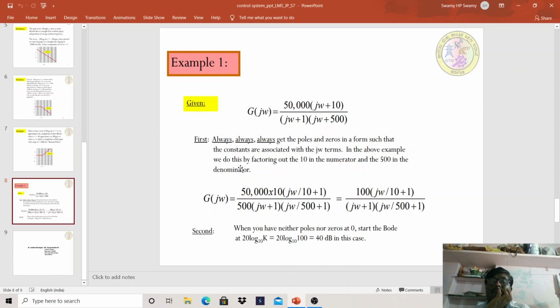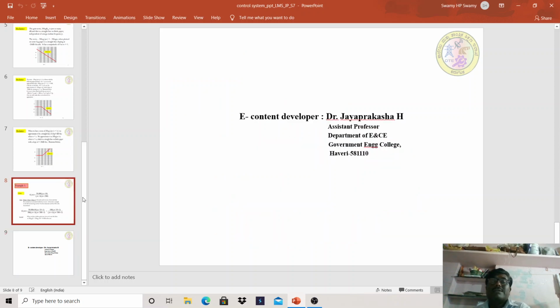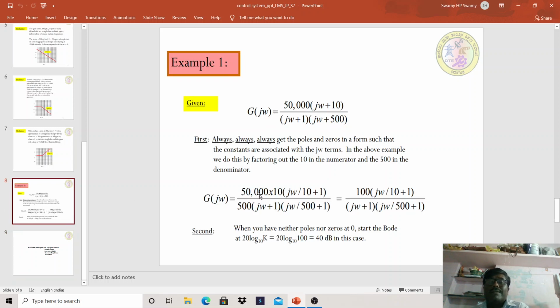So in the above example, we have to do this by factorizing out the 10 in the numerator and 500 in the denominator. So G of j omega is equal to 50,000 into 10 times j omega by 10 plus 1. In the above equation, j omega plus 10 is there, but you have to make the ratio by taking the 10 common, then j omega becomes j omega by 10 plus 1. Like this you have to make the terms both in numerator and denominator.